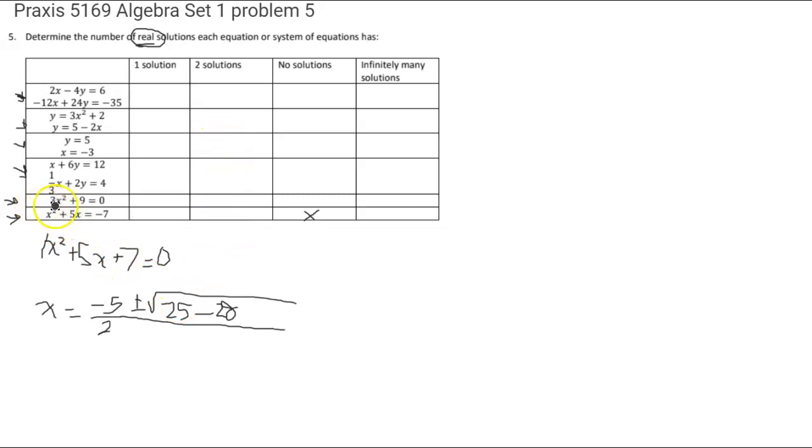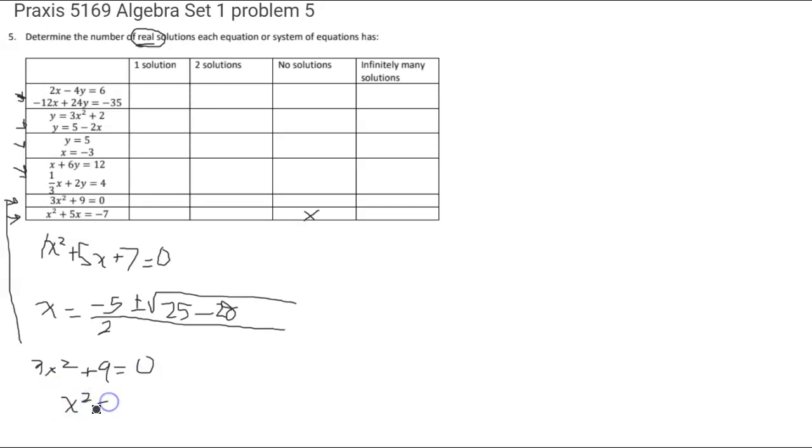How about the line before, 3x squared plus 9 equals 0? Let's deal with that one also. I think this one's going to be pretty quick. I hope you don't mind, I'll just do two steps at once.